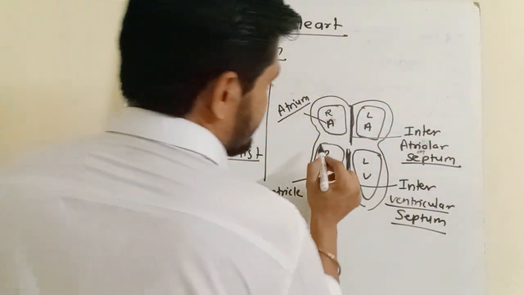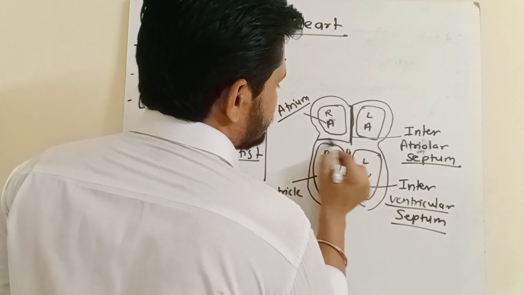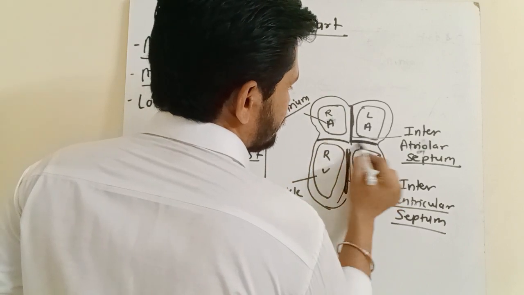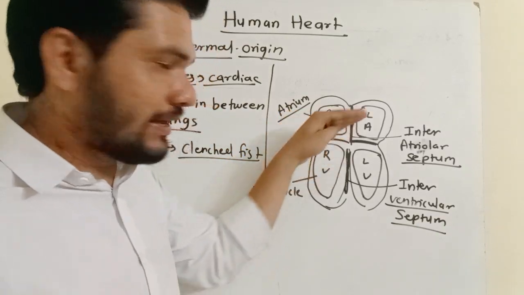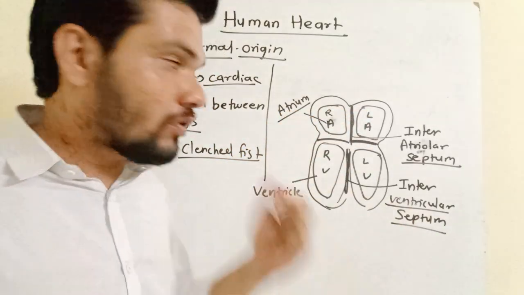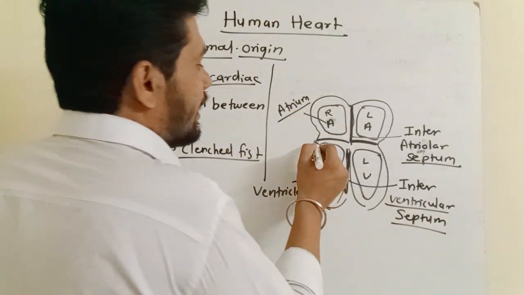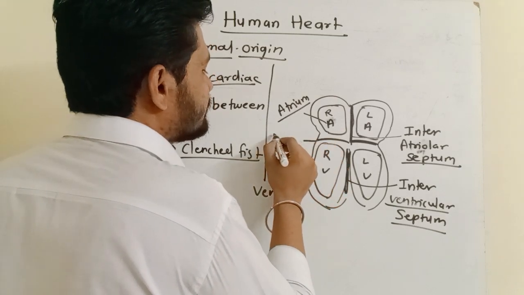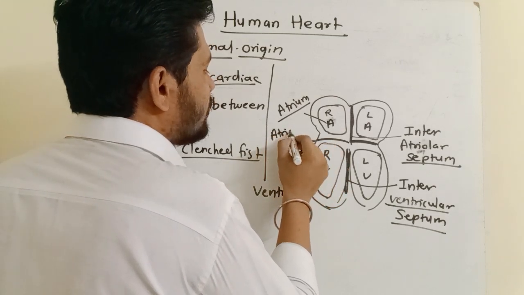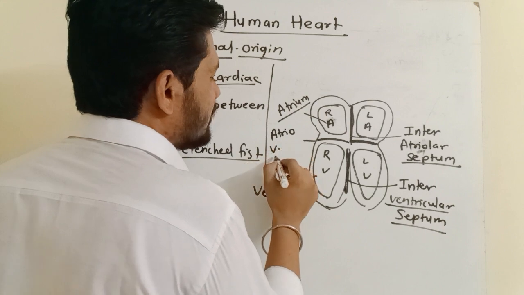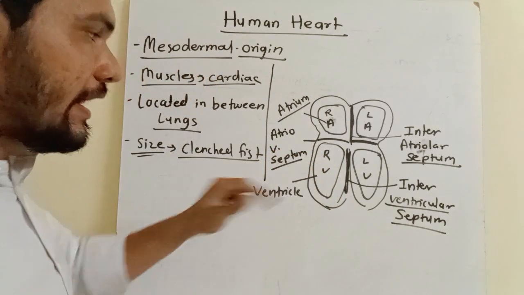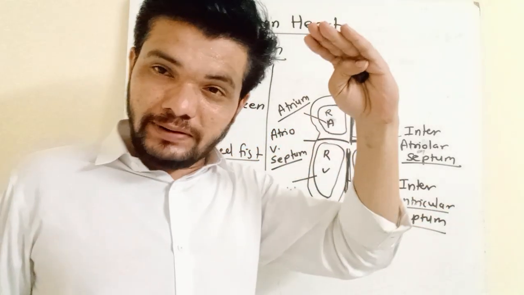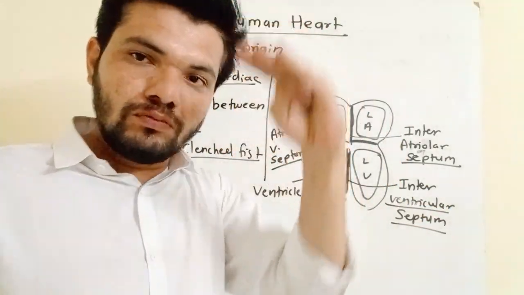Then again, there is a septum present which separates the atrium and ventricle of each side, called the atrioventricular septum, which separates the atrium and ventricle of both the sides.